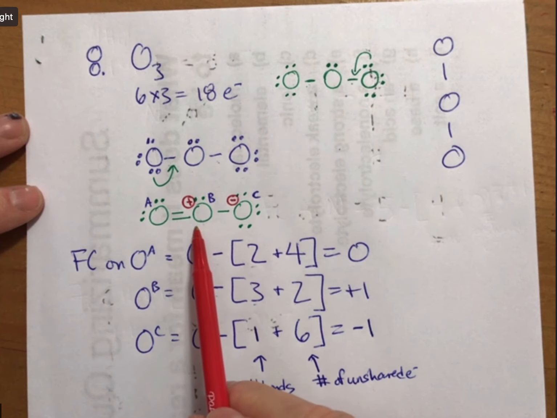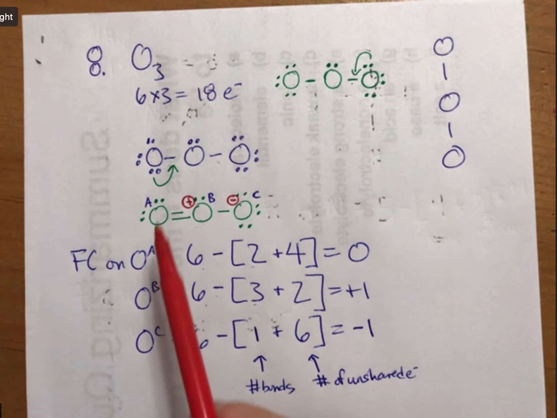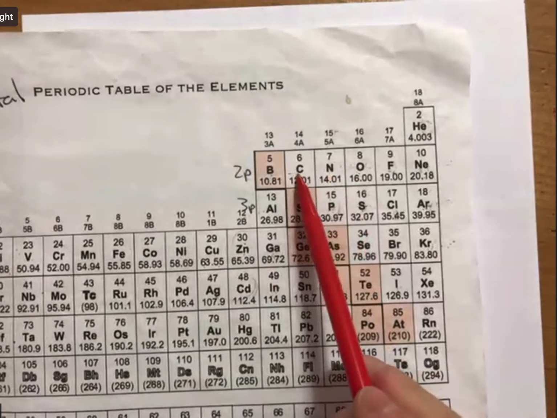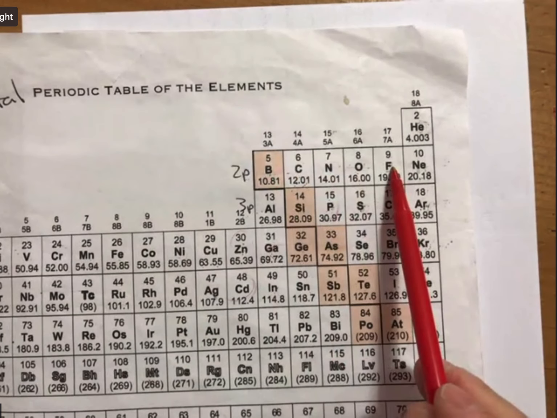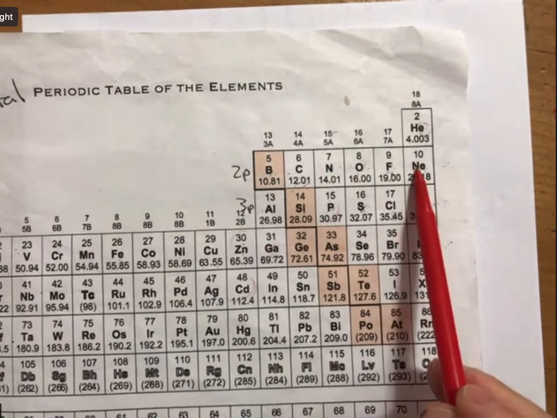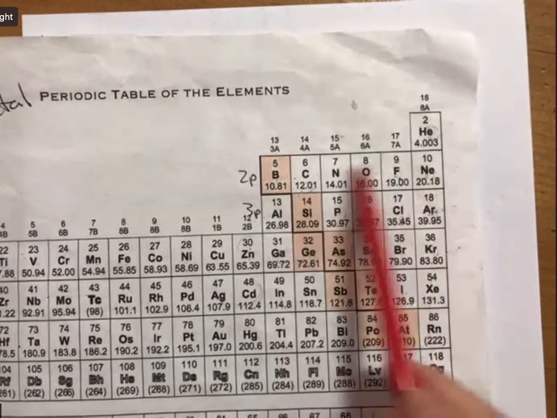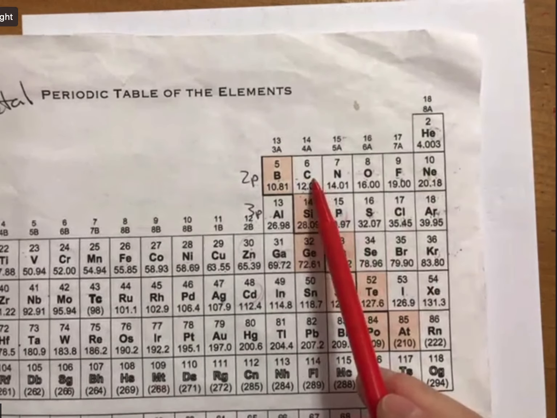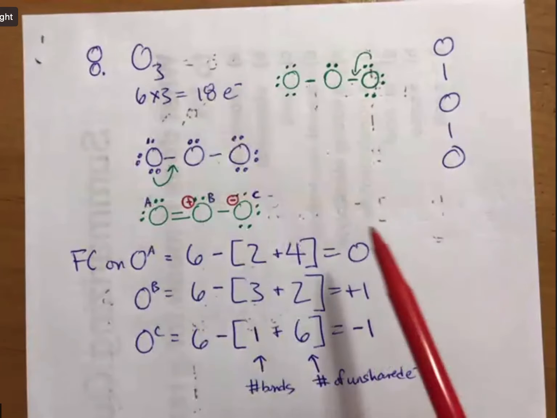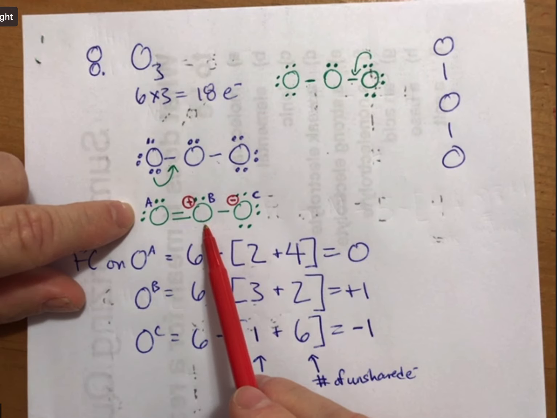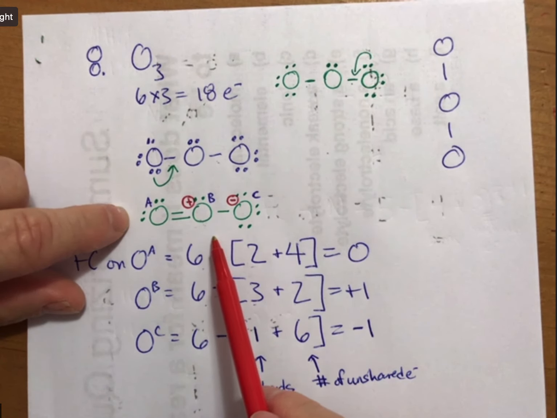But this is oxygen, and on the periodic table, oxygen, nitrogen, carbon, boron, fluorine. We've never seen neon, but if we did, it would be the same thing. These elements cannot have an expanded octet. So, to make a long story short, this is our final and best Lewis structure.